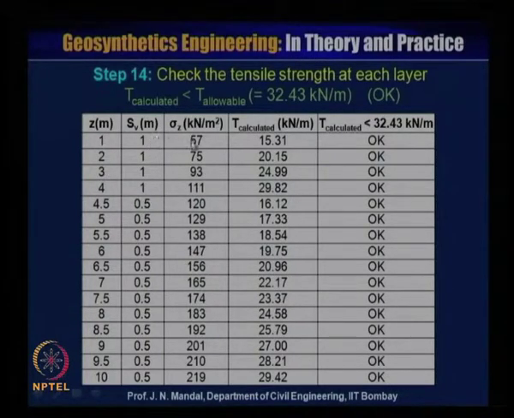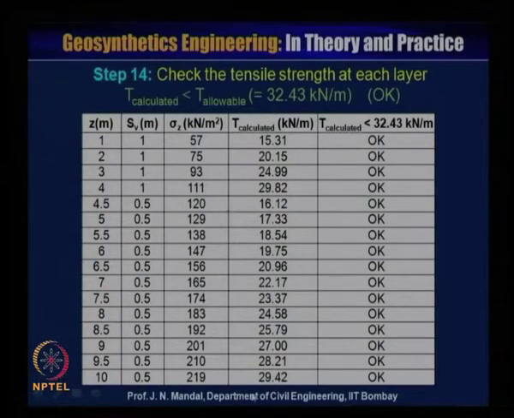Now, sigma z we have calculated at different depths. These are the values: 57, then it is gradually increasing, and up to the 10 meter depth it is 219 kilonewton per meter square. Now T calculated in kilonewton per meter starts from 15.31 and increases to 29.42.